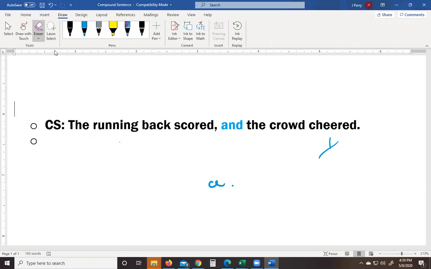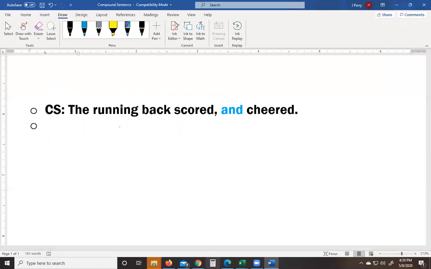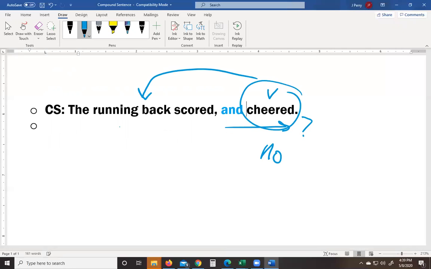So if the answer is no, for the sake of example, instead of the subject being here, it was this: the running back scored and cheered. Again, I'm asking myself, is everything to the right of this FANBOYS a complete sentence? No. This is just a verb all by itself. This verb is actually dependent upon this subject, the running back.